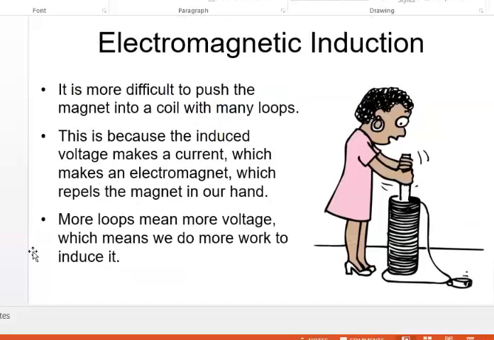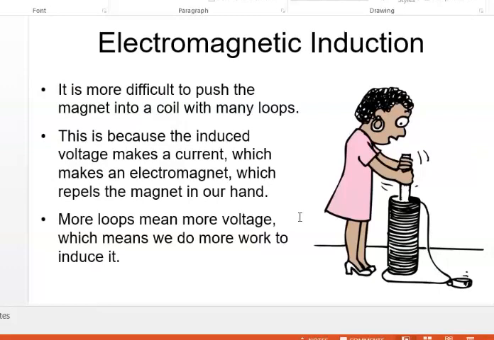Here you see, it is more difficult to push the magnet into the coil with many loops. Here the number of turns is so many. Here it will be difficult to push or take out the magnet, because as you push, the coil opposes the movement of the magnet towards it. This is because the induced voltage makes currents in the coil, which makes an electromagnet.